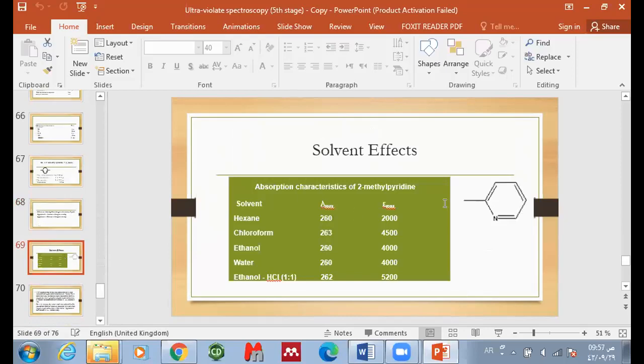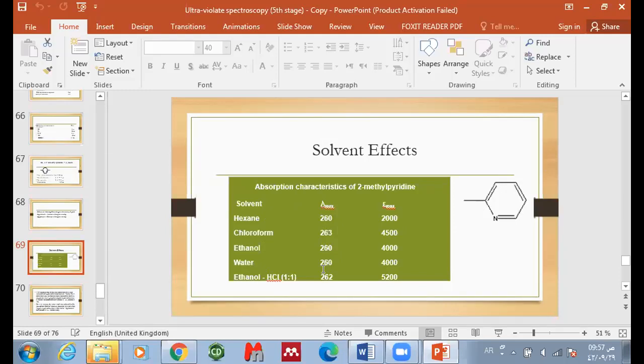Okay, so we have 2-methylpyridine as shown in this structure. We will see the solvent effect on this molecule especially. When we have hexane, lambda max is 260. When we have chloroform, a chlorinated solvent, the absorbance will increase slightly. And when we have ethanol, the lambda max will stay as it is. When we have water, a polar solvent, the absorbance is 260.